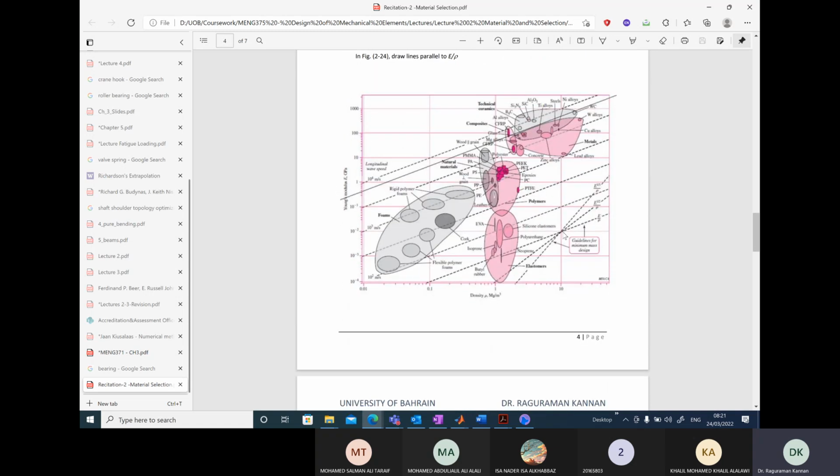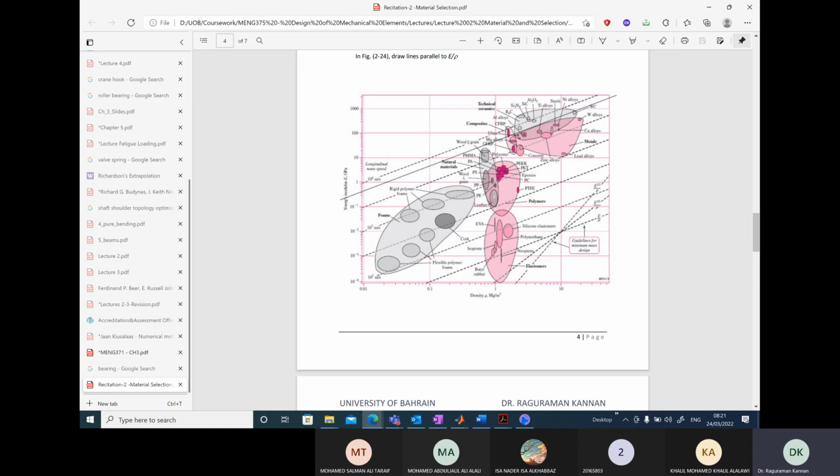Now we have to draw these guidelines here. So which is the guideline? How would I know what is the guideline to be chosen? Again, recall that we are using log to base 10 over here on the x-axis, and we are also having a log axis on the y. So all the quantities are logarithm of the value.